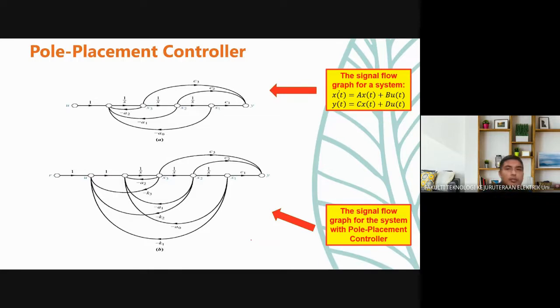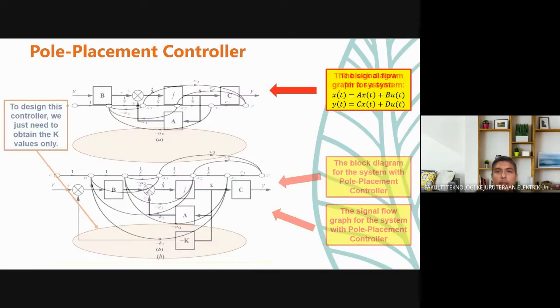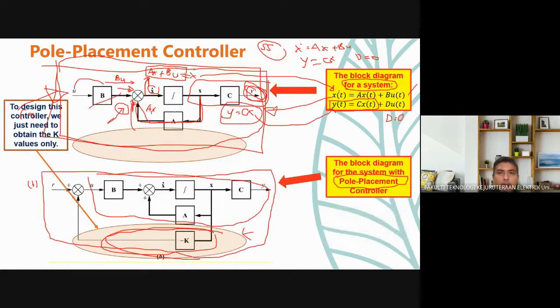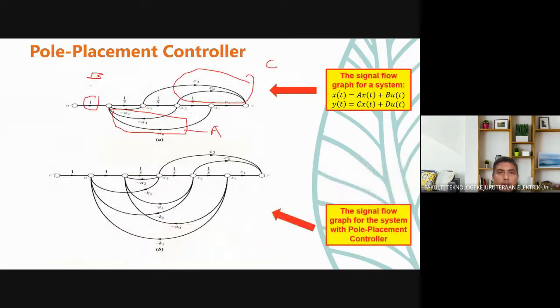The feedback here refers to the A matrix, and the feed forward here refers to the C matrix. And then this refers to the B matrix. If we compare to the previous, we have B, we have A, we have C.